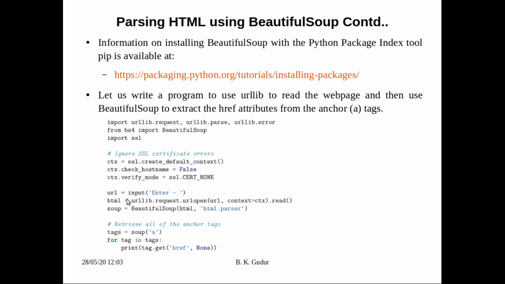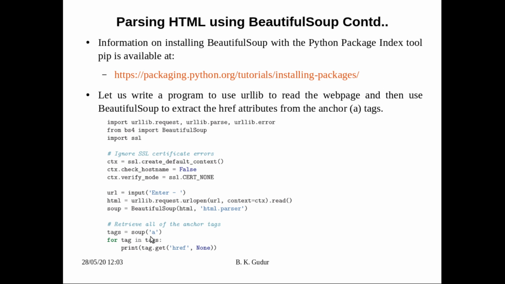Whatever we have read here is stored in a variable called html. To that we write html.parser, meaning it will parse the HTML. Once it parses the HTML, it will be stored in a variable called soup.